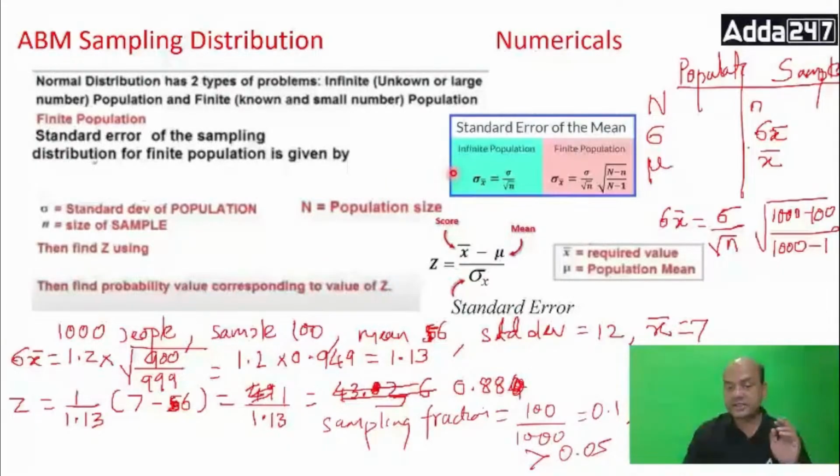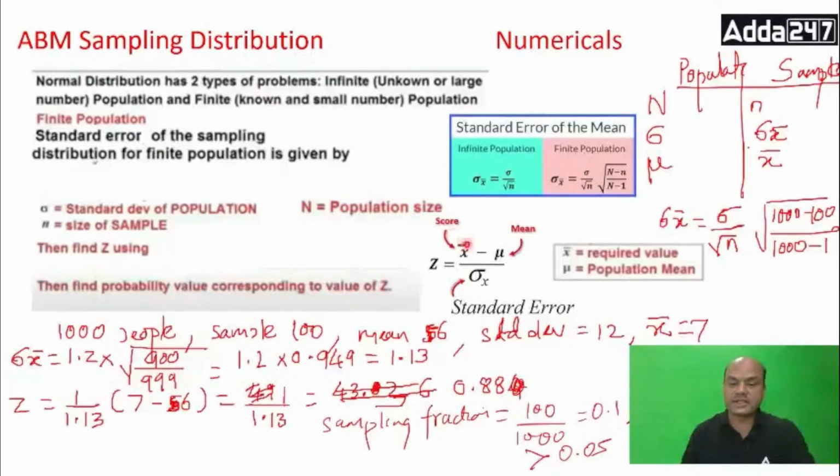So if population is not given, then you cannot have a sampling fraction. For infinite population, you can never have a sampling fraction. For finite, you can. Kindly note, they ask you for 1 mark: what is sampling fraction? Or they ask you to find it. It's very simple: sample size upon population size.